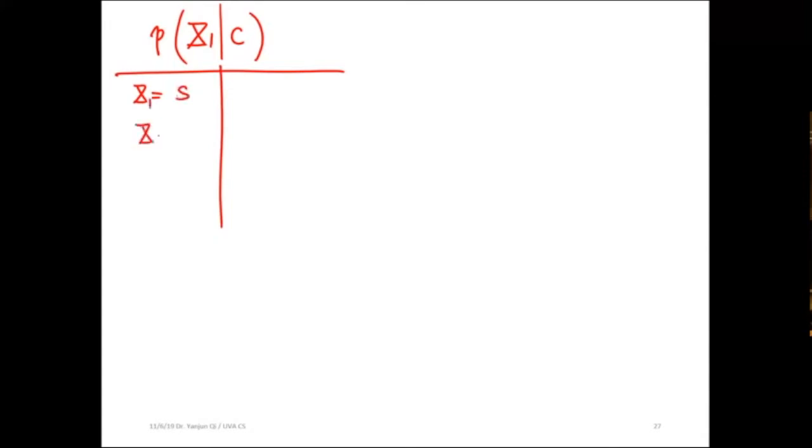So I need to estimate P(x1 | C) from data: x1 equals sunny, x1 equals overcast, and x1 equals rainy, with C equal to yes.